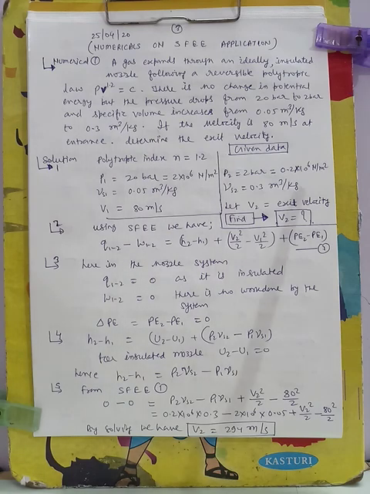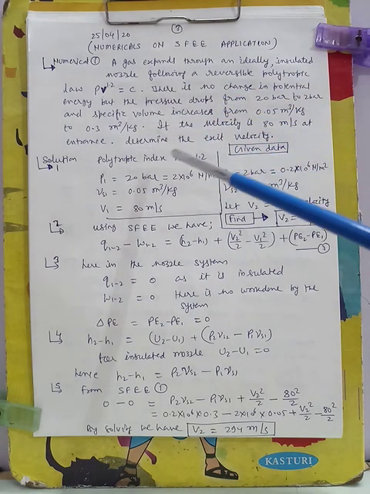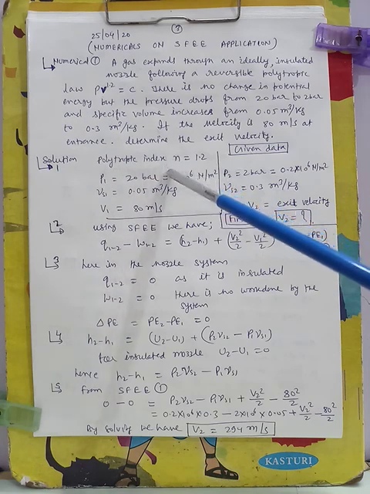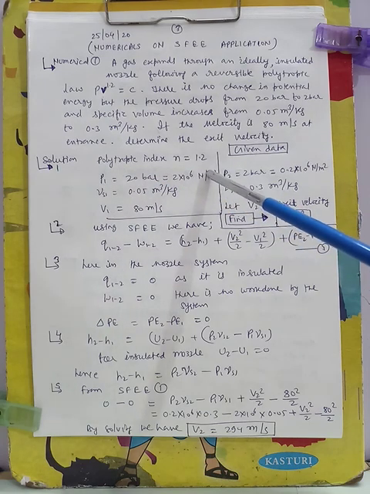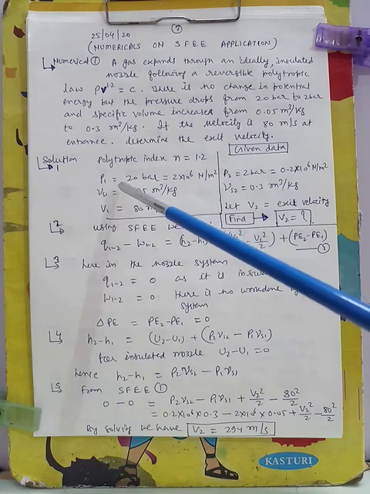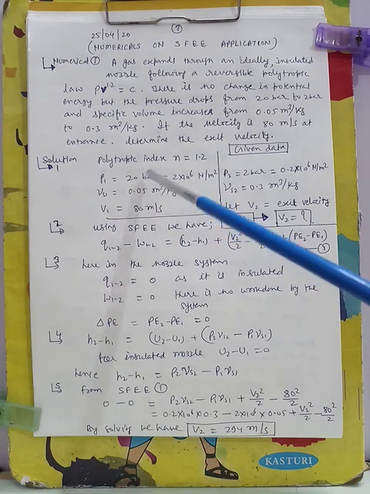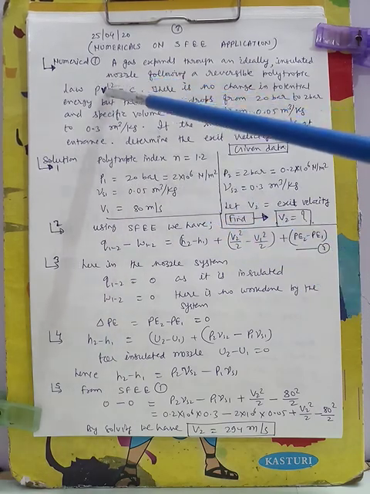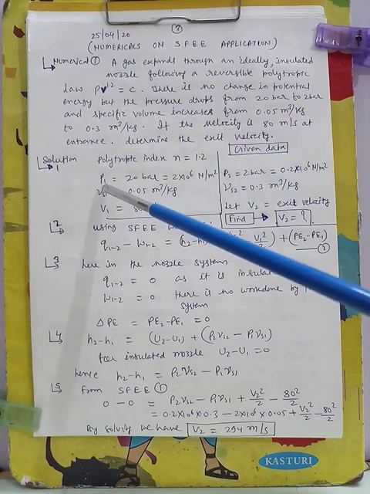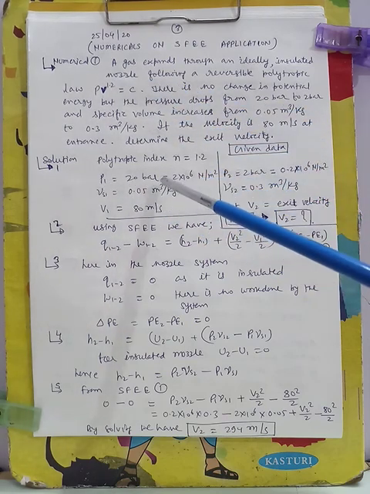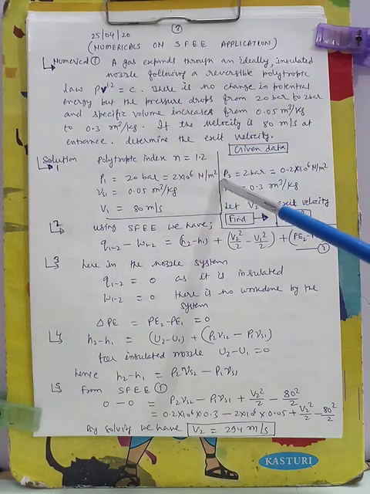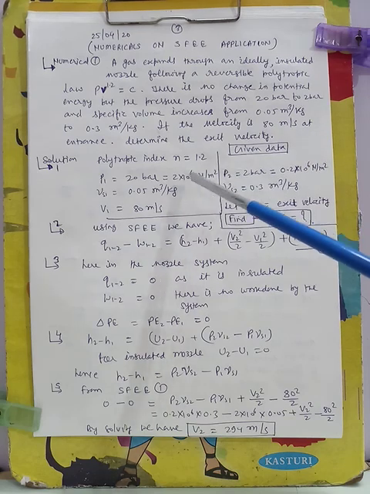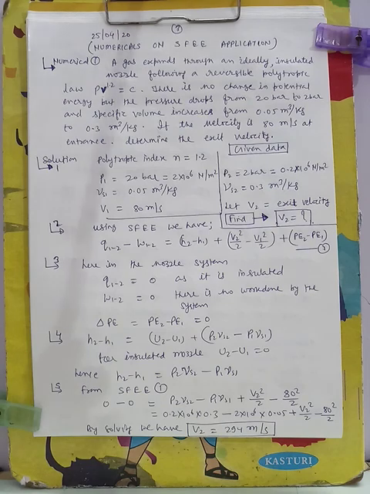So this is the polytropic index, n is equal to 1.2. P1, the pressure at inlet, is equal to 20 bar, and we convert it into Pascal, Newton per meter square, that is 2 into 10 to the power 6 Newton per meter square.